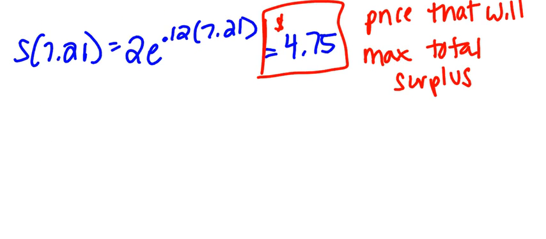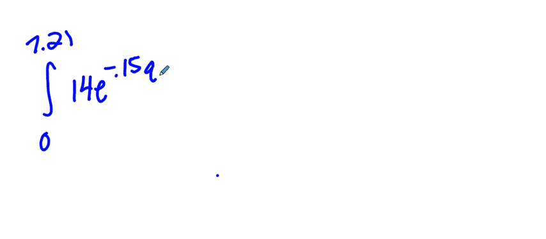We're going to use our equilibrium quantity, which is that 7.21. And then when you do areas between curves, you do the top minus the bottom. The demand was on top, so 14e to the negative 0.15Q minus, and then the supply curve was on the bottom. That was the 2e to the 0.12Q.